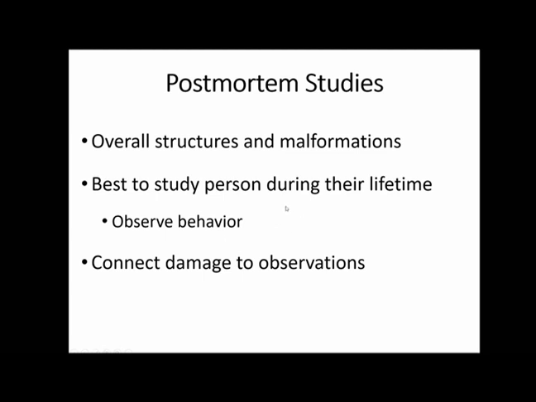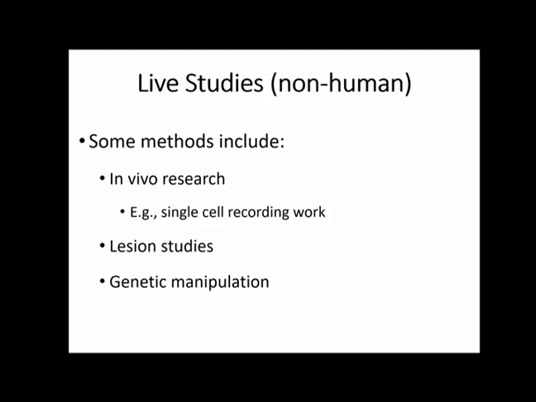So you could make some associations by studying someone before their death and then looking for any problems in their brain afterwards. And so you can make some connections and some basic assumptions that way. And that used to be one of the most common ways of doing this because they didn't have any of the other techniques that we can use nowadays.